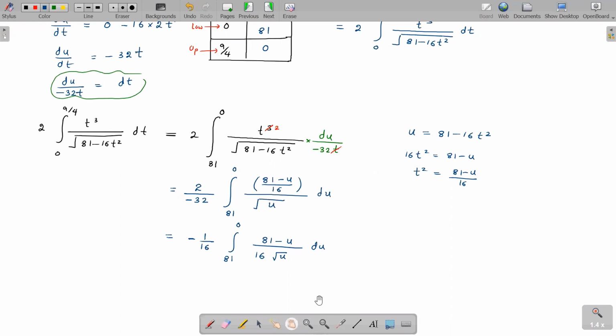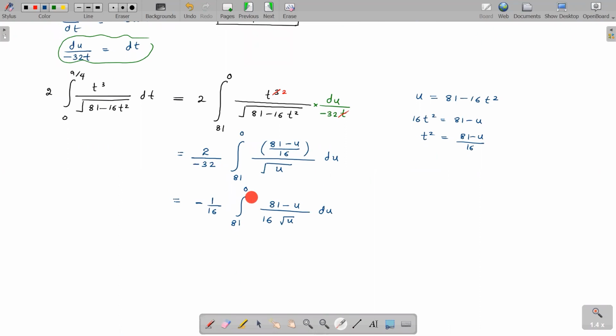16 we could take out, and also if you want, we could exchange the limits, because that would create another negative sign and get rid of the negative sign outside. Do you agree with me? Minus 1 over 16 times another 1 over 16 comes out, and another minus sign will come out because I'm changing the limits from 0 to 81.